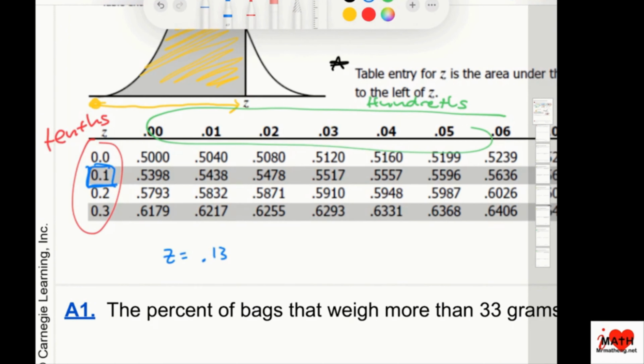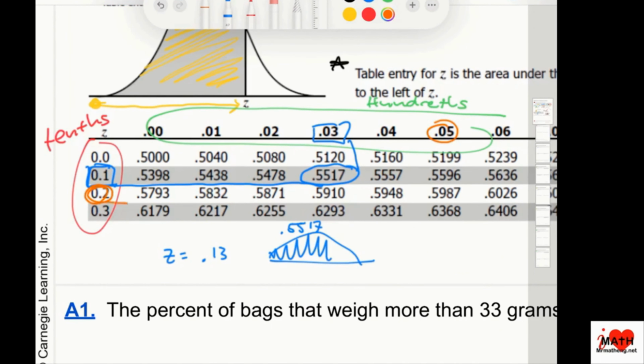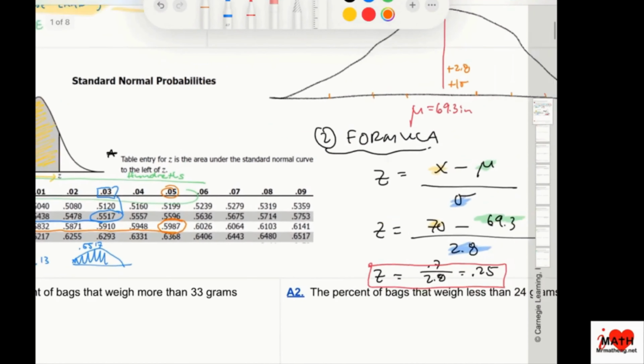This would be 0.10, and this would be 0.03, because if you add those together you get 0.13, and so you come down here, and that would be the value. Z equals 0.13 would give me a shaded region of 55%. In our example, we're trying to find 0.25. So here, this is in the 20s: 20, 21, 22, 23, 24, 25. And that is the score I need, 59.87.